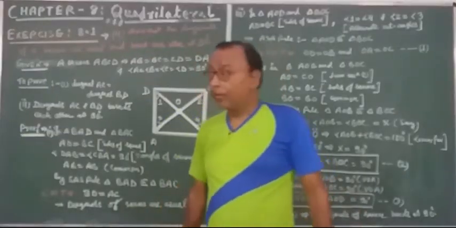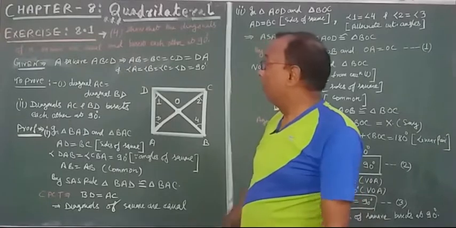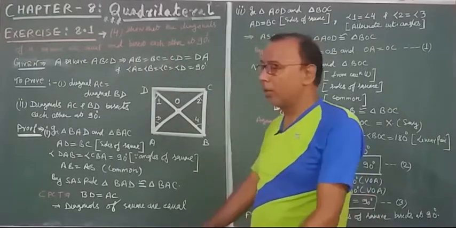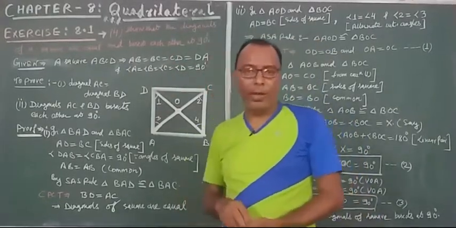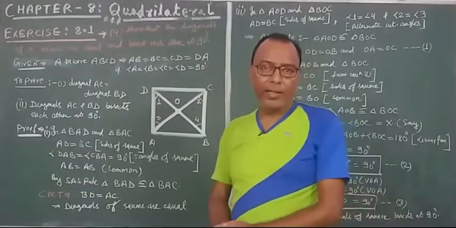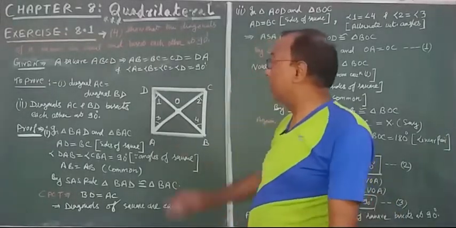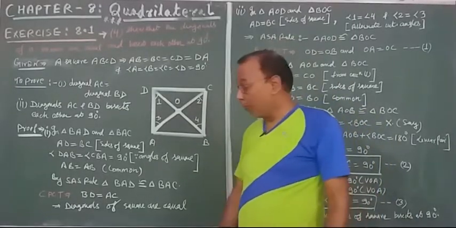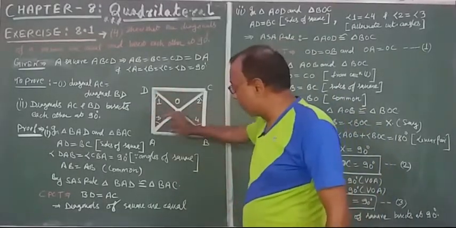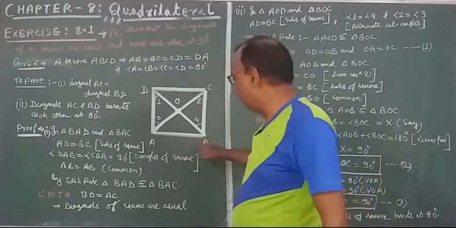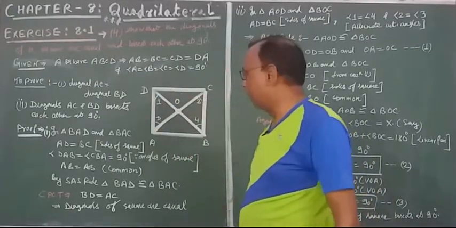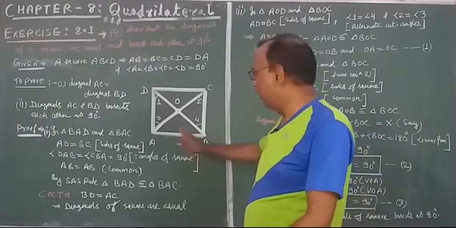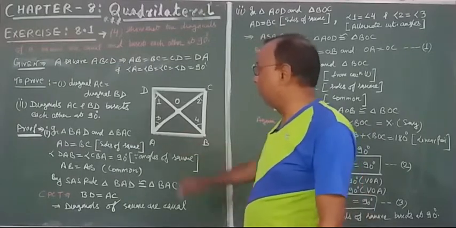Now this is question number 4. Show that the diagonals of a square are equal and bisect each other at 90 degree. Suppose this is a given square ABCD. This is a square. It means all its sides will be equal.